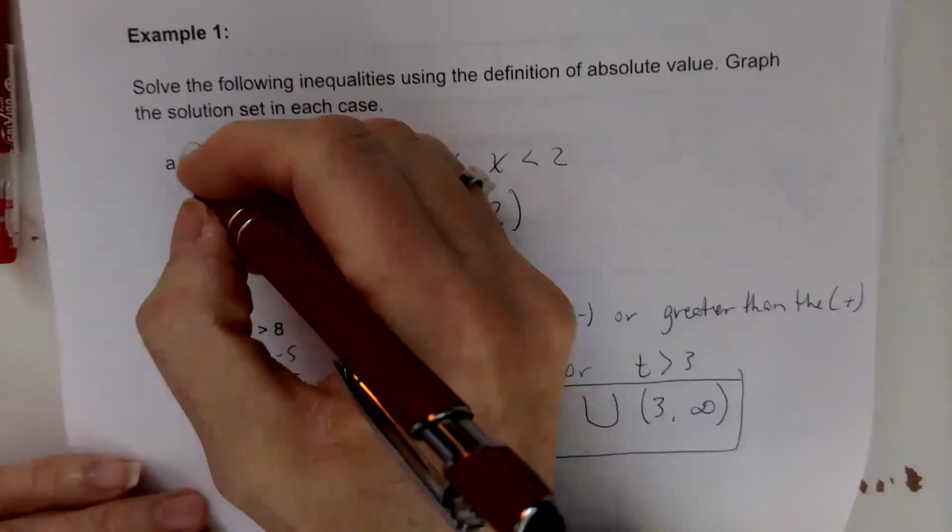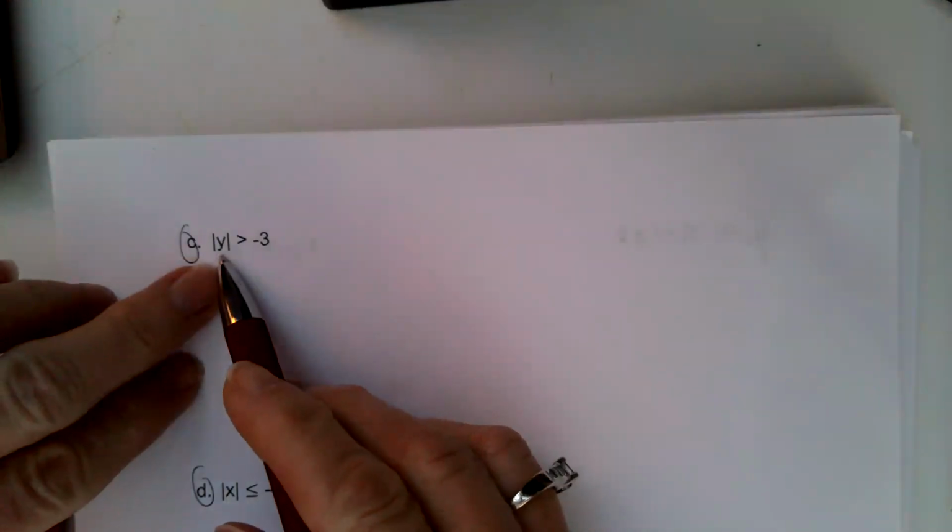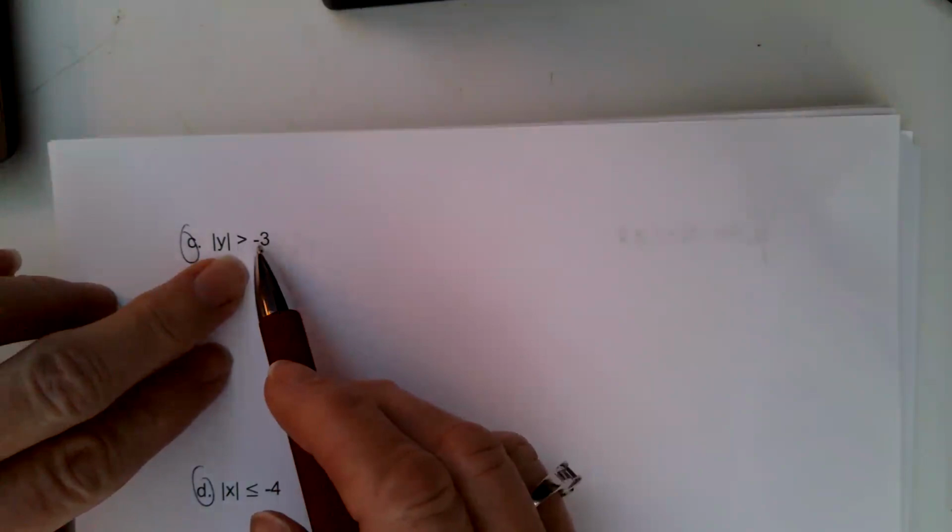So I did example 1A and 1B. And now we're going to look at example 1C, D, and E. So C says the absolute value of y is greater than or equal to 3. So greater than means that we're on the outside.